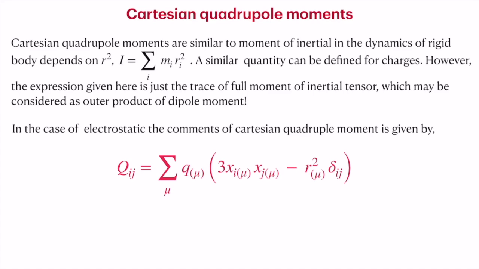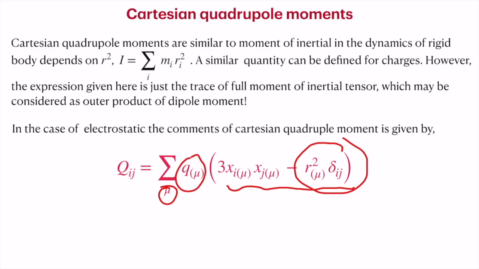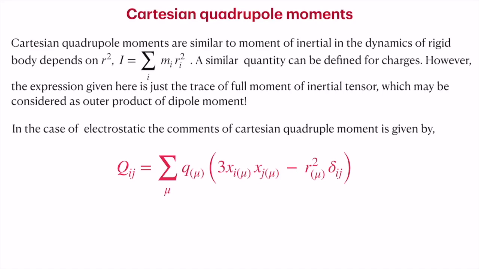The multipole moments are for different charges qi. Mu is the index used for different charges, and the multipole moment is defined like this. This is essentially the trace part which is removed from this.